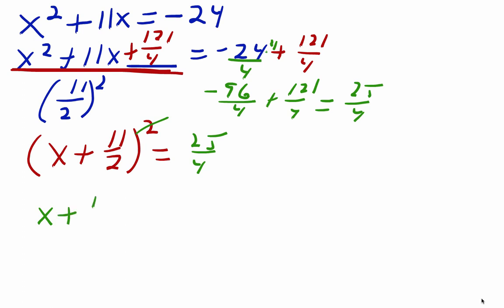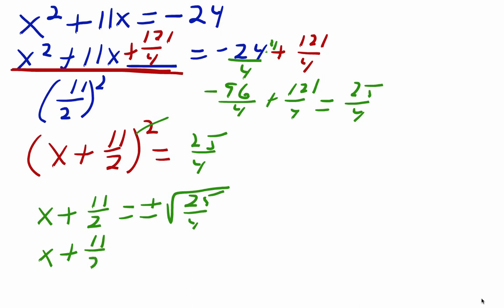So I have x plus 11 halves equals plus or minus the square root of 25 fourths. The square root of 25 over the square root of 4 is then 5 halves.